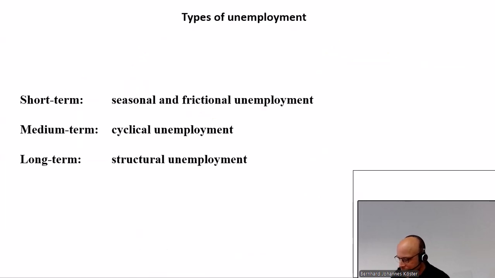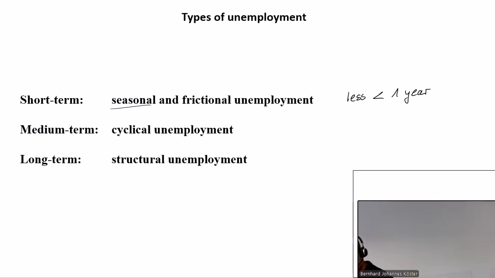And in general, we distinguish three types of unemployment. So here we are talking about the reasons for unemployment. The first one, where you were totally right, is short-term unemployment, roughly less than one year.